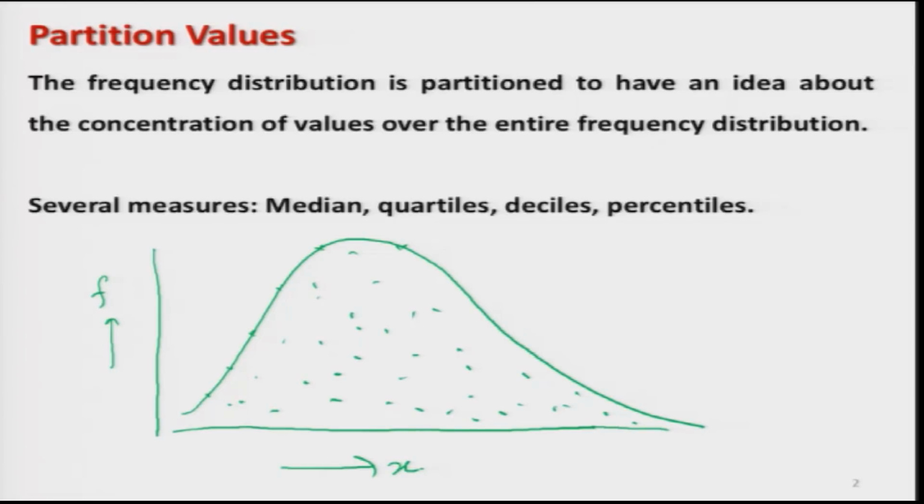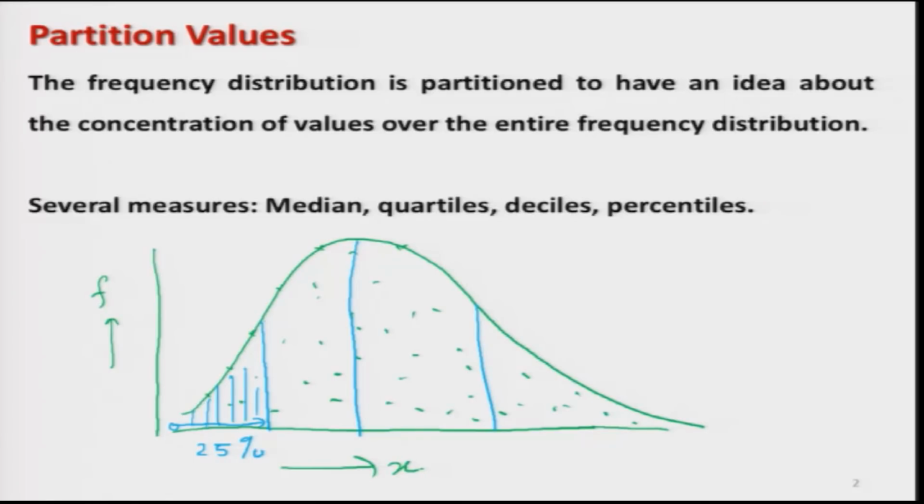For example, suppose I want to divide this into 4 equal parts. So, I can make here first, second, third, and fourth. You can see that from here to here, this is the area which contains nearly 25% of the total frequency.